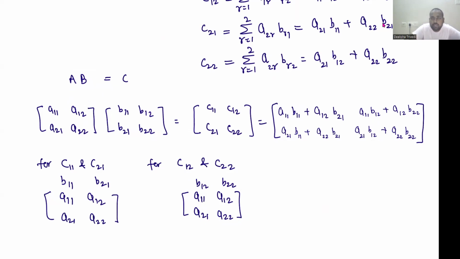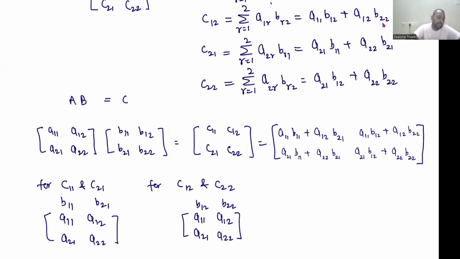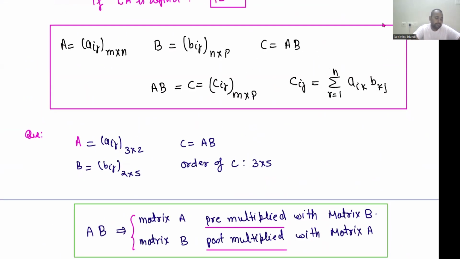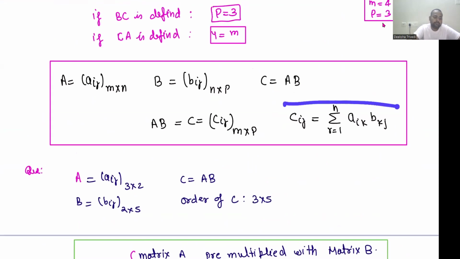Get how we do that multiplication? The element Cij is equal to the sum from k equal to 1 to n of Aik Bkj, that we are writing here. Yes. So that's how we are doing that multiplication.